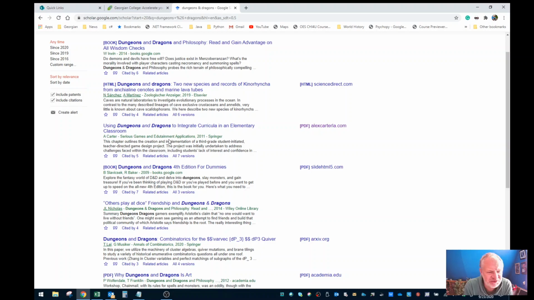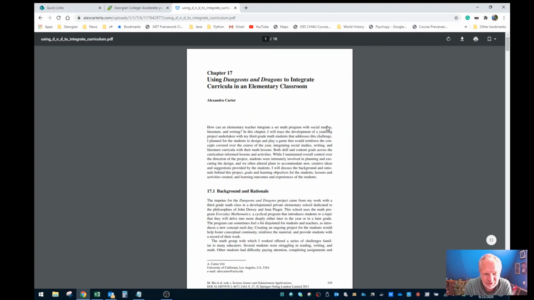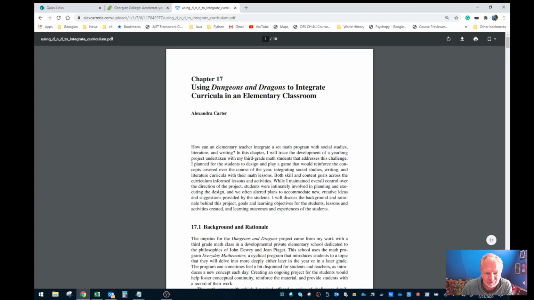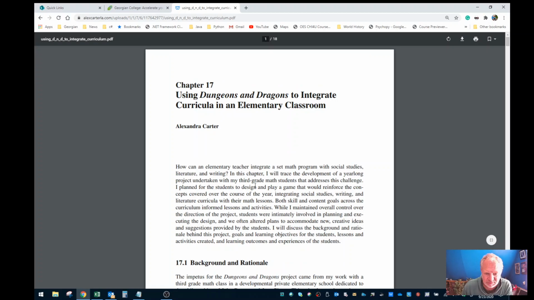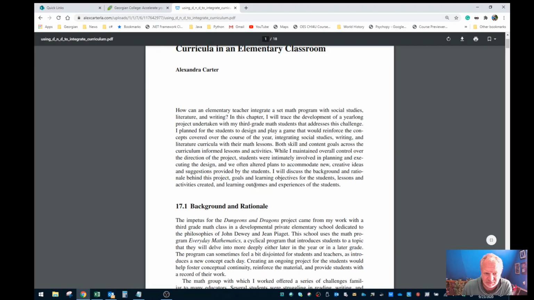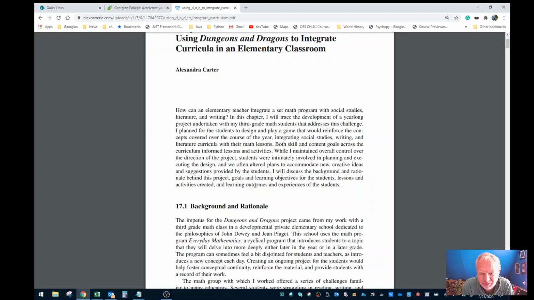Using Dungeons and Dragons to integrate curricula in an elementary classroom. Boom. Let's check this out. Okay, let's blow it up a bit. How can an elementary teacher integrate a set math program with social studies, literature and writing?